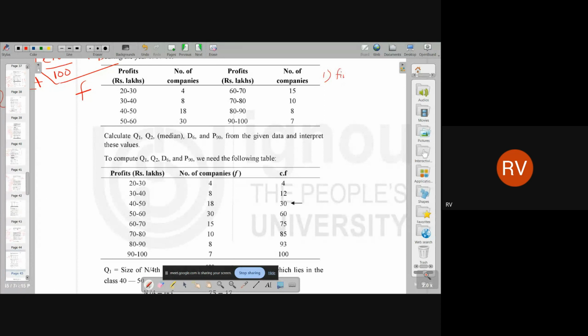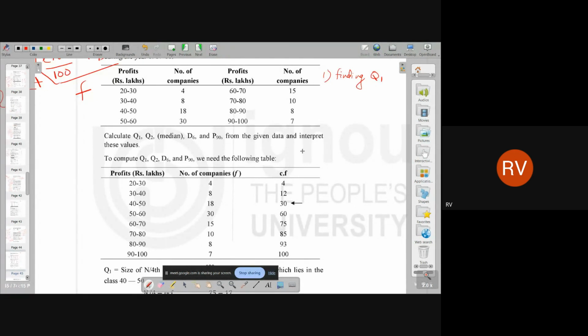First, arrange the data into a table for calculating cumulative frequency. The profits are 20 to 30, 30 to 40, 40 to 50, 50 to 60, 60 to 70, 70 to 80, 80 to 90, 90 to 100. The number of companies is F. The cumulative frequency is 4, 12, 30, 60, 75, 85, 93, and 100.